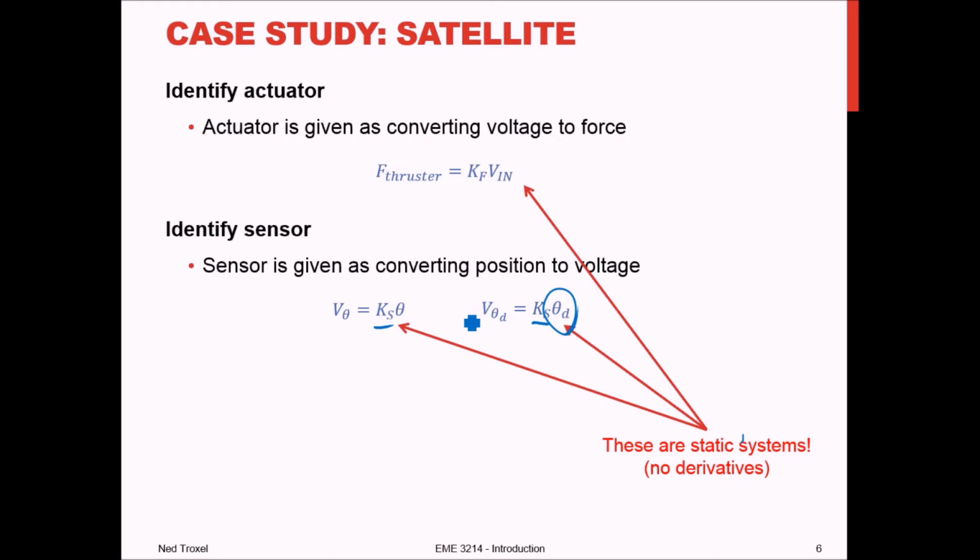Notice that these equations are static. There's no derivatives here. So if we know the desired angle, for example, we know exactly the desired voltage. It doesn't change dynamically. Same thing with the thruster. As soon as we apply a voltage on the input side, the thruster force is just a constant multiplied by that.